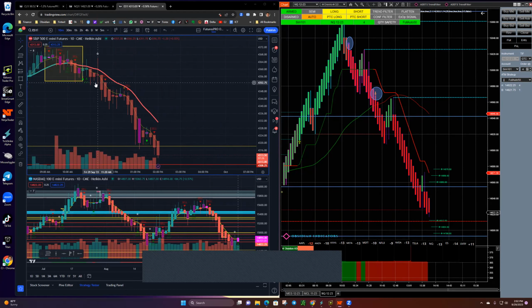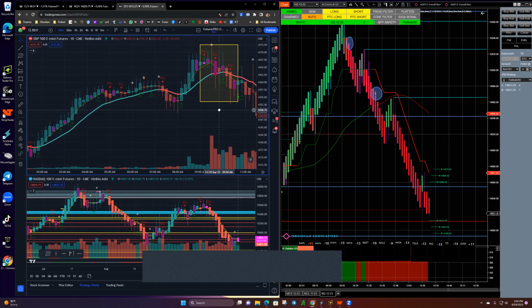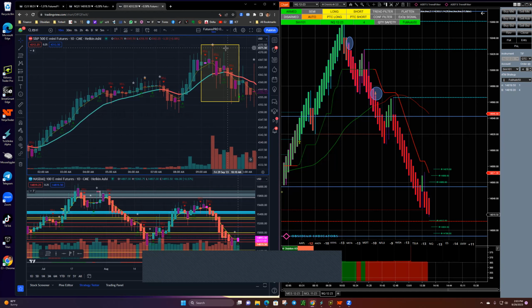Notice here, at 11:20, there was this huge candle that started popping back up, and it brought it almost all the way up to the high of the day. But looking at this right here, you might have been tempted to get out because you saw your entry going from positive to negative.